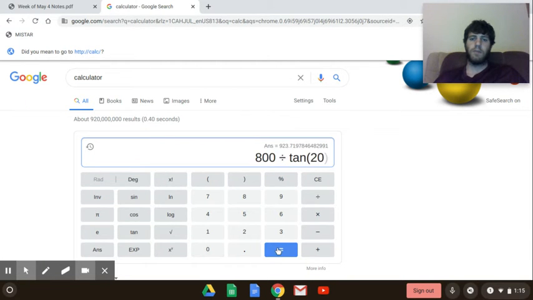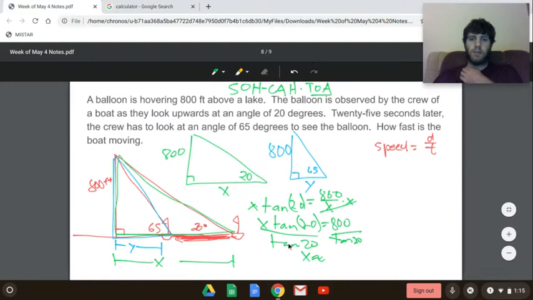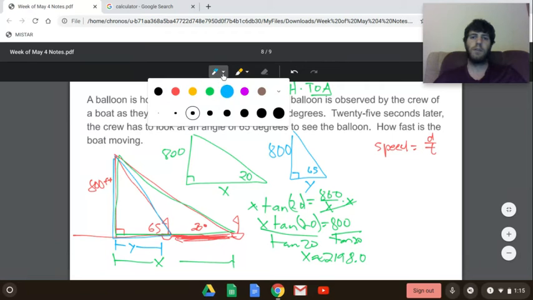Tangent of 20. It's going to be 2198.0. Okay, and then let's find the base of the blue one.